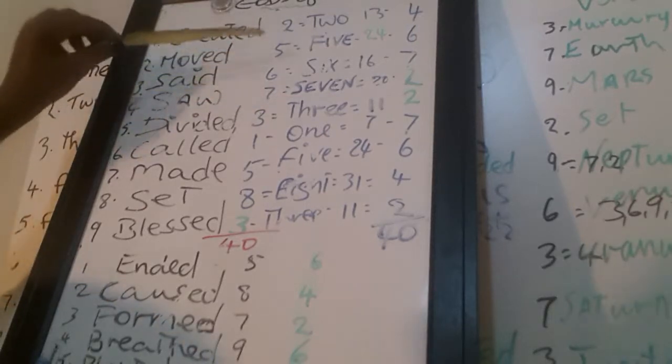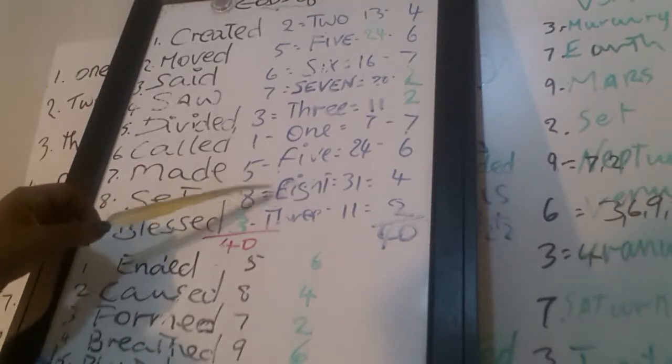But we haven't got the number 4 here. And this is where we are going to need to call on Mother Eve. So we've got 1, 2, 3. We haven't got 4. We've got 5, 6, 7, 8. Now, perhaps, this 8 here, which also equals 4, is where we are meant to be.